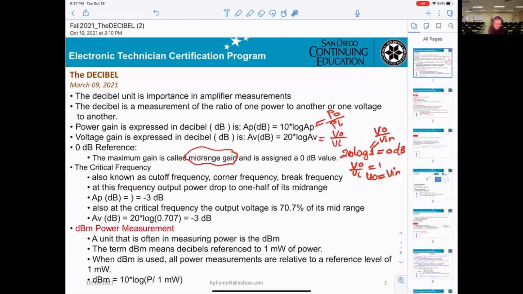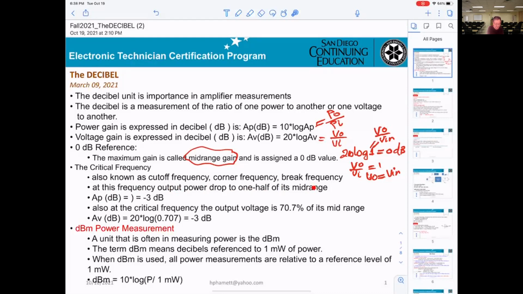Or it can be called a corner frequency, or break frequency. That will be the same, but they have too many different names. Okay? And what is the critical frequency? They say at this frequency, output power drops to 1/2 of its mid-range.